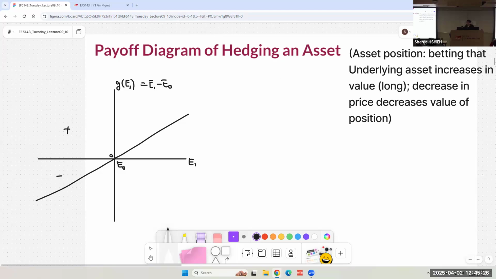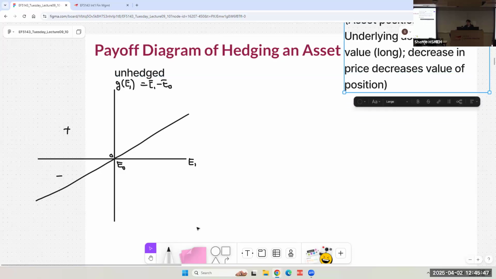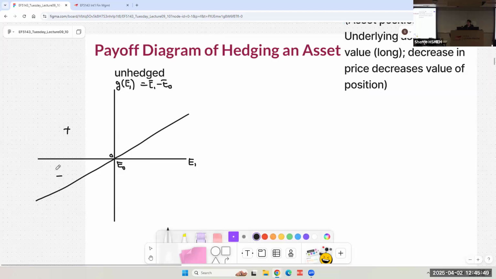So this is my unhedged position. Because I have no futures contract, I'm just holding on to some asset that can increase or decrease in value. Now, I'm going to hedge it, of course. And to think about how to do it, I can just visually look at this graph.